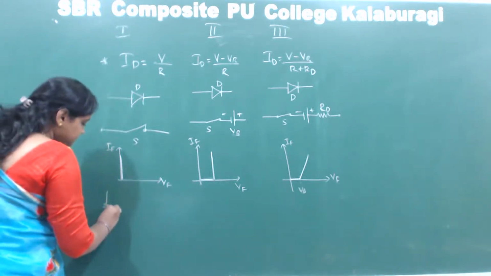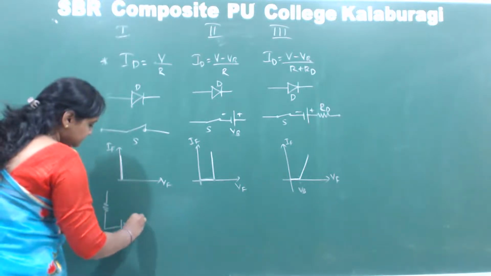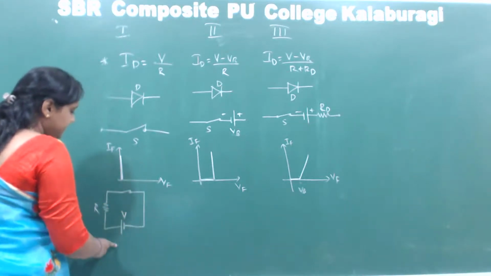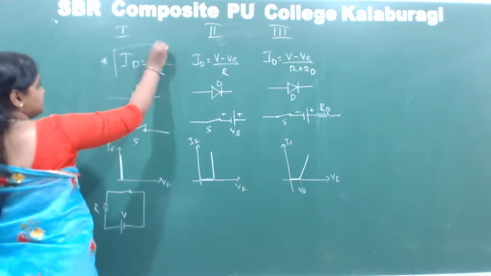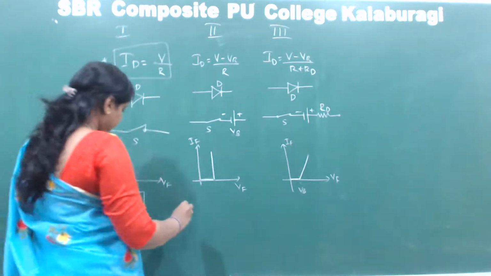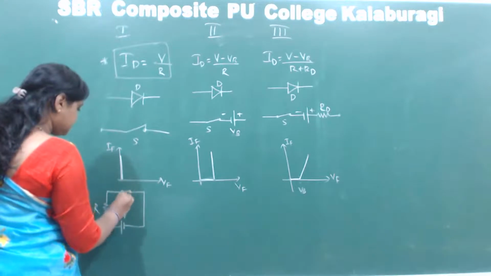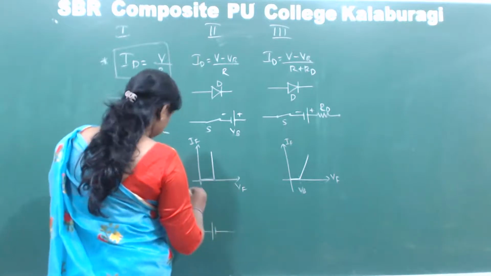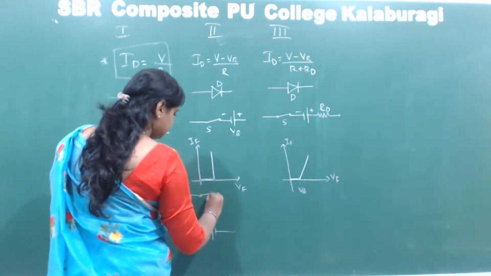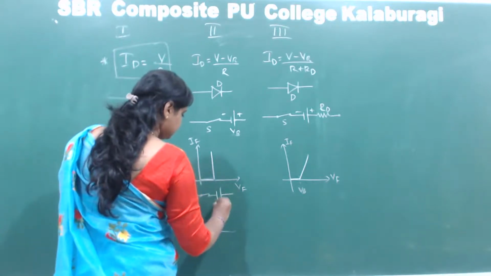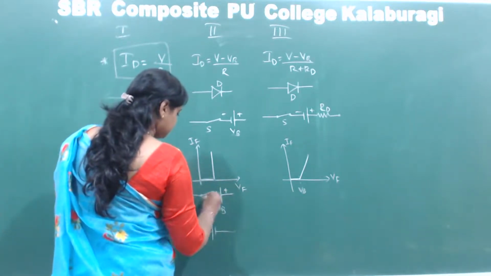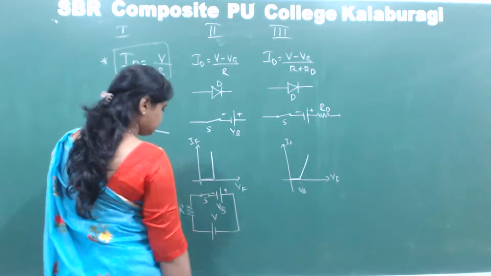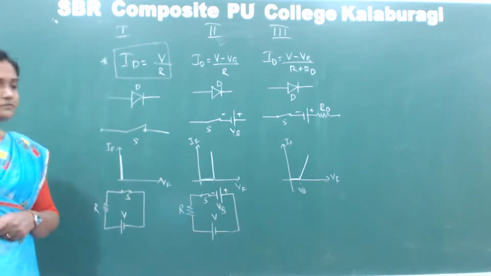Circuit. That's why V by R, the expression. Second approximation. Switch plus battery.